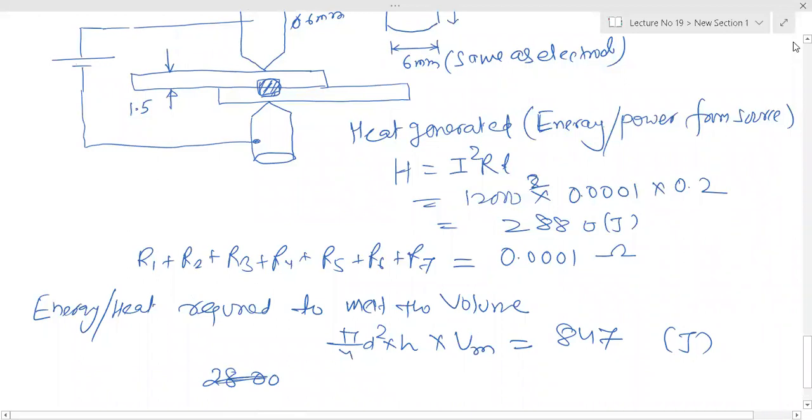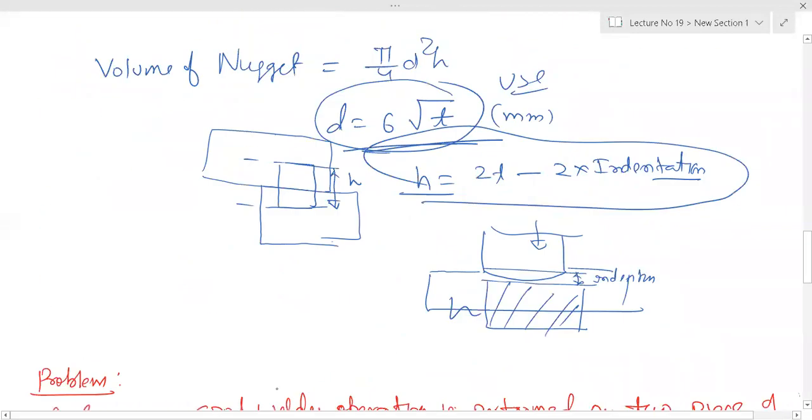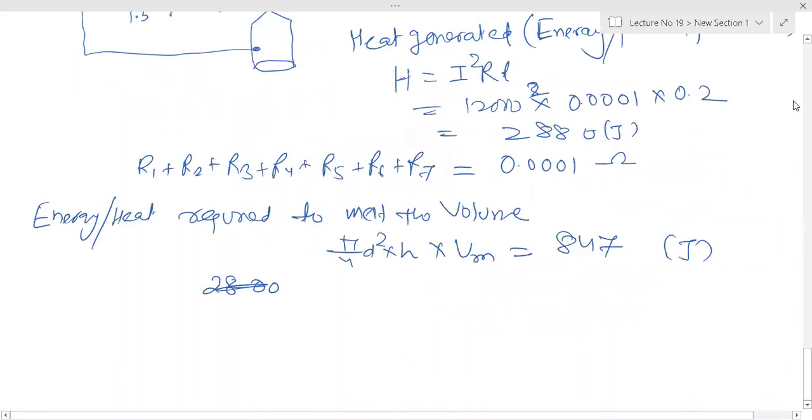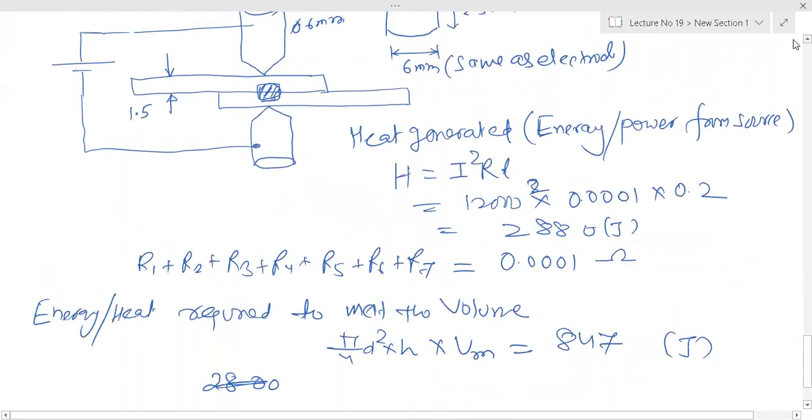Okay, fine. So how many people solved this? Anybody got the answer? 29.45, right? Very nice, Chandan. So the problem is very clear.